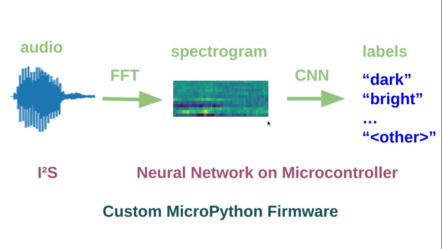At the time when I did the speech commands model, neither of those two modules were in the MicroPython official firmware. So I have a script to build a custom MicroPython firmware including those two modules.